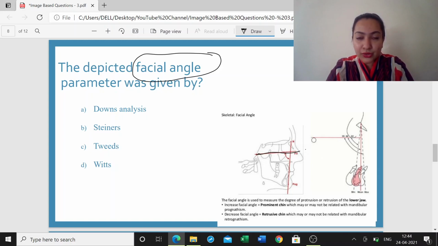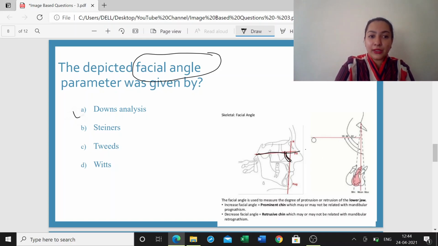FH line is drawn from orbitale to porion. Next you see a line running from point N, that is nasion, to point POG, that is your pogonion. Okay, so the N-Pog line is intersecting the FH plane, and what they are asking, the depicted facial angle. This inner angle is your facial angle, and this parameter was given by Downs.